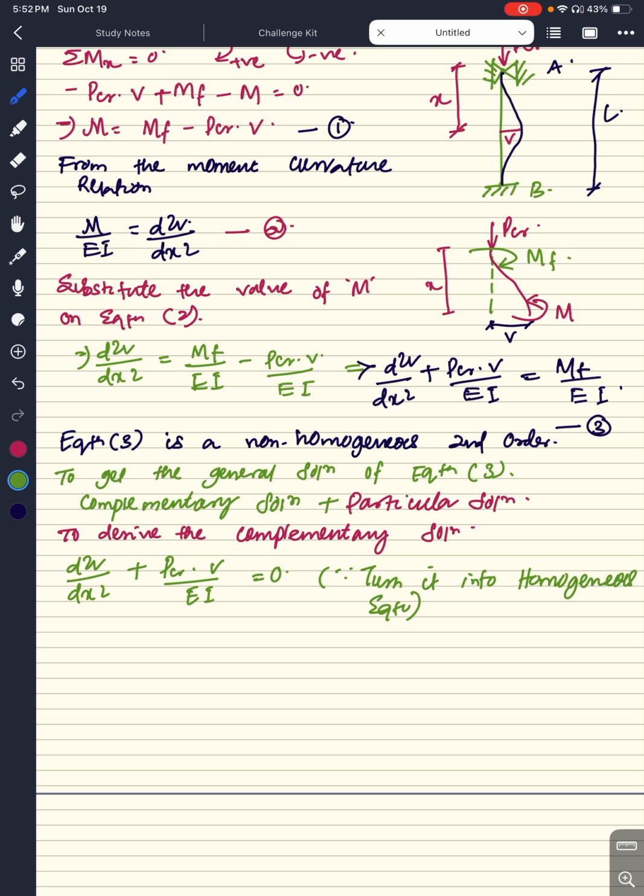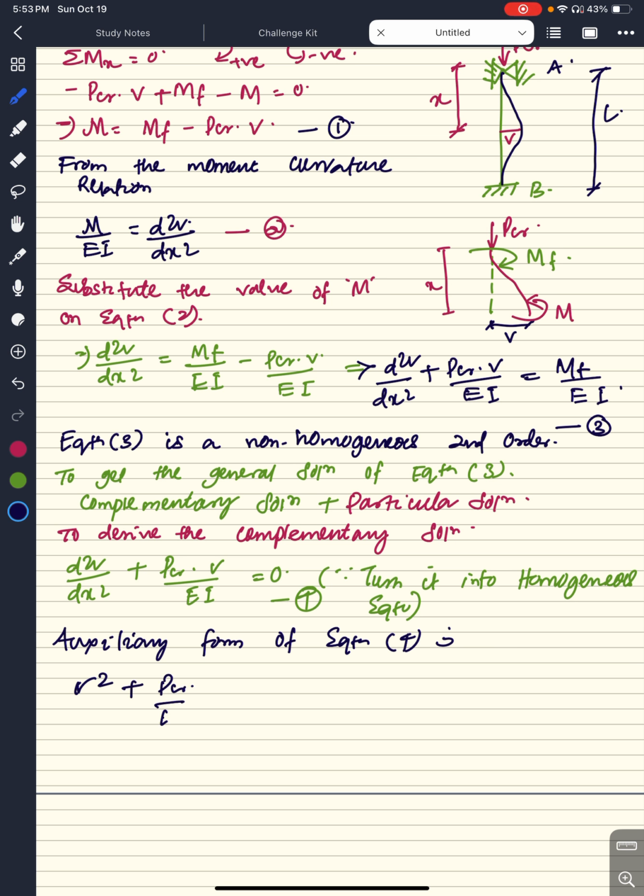I name it as equation 4. The auxiliary form of equation 4 is r square plus PCR by EI is equal to 0.